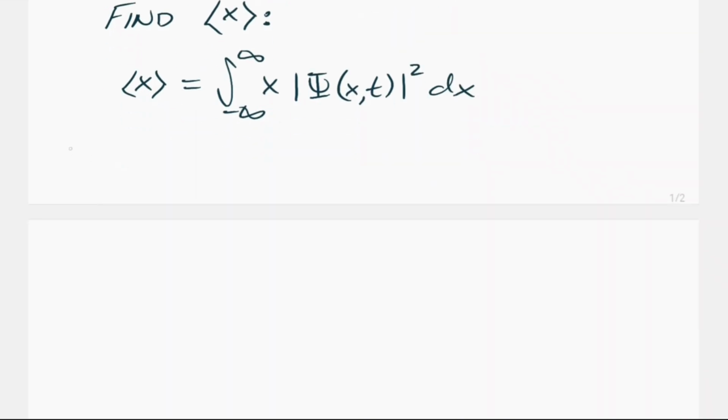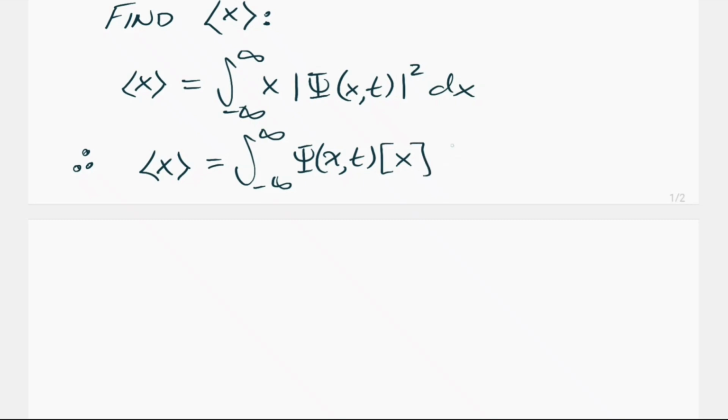We're going to plug this in, therefore ⟨x⟩ is equal to the integral from negative infinity to infinity of ψ of x, t times x times ψ* of x, t dx.